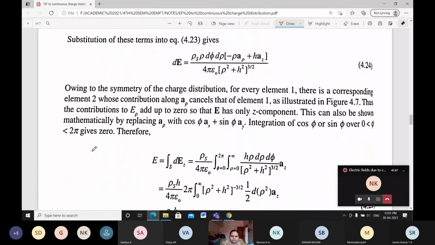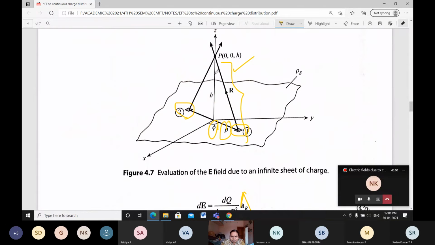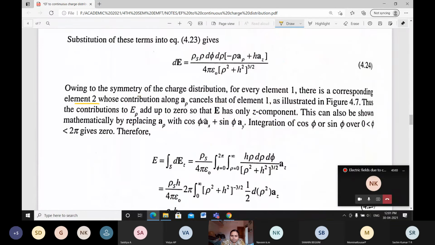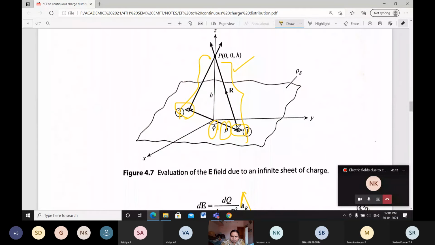Then the symmetry of the charge distribution: for every element 1 there is a corresponding element 2, meaning whatever change occurs at element 1, the same change occurs at element 2, but in the opposite direction.